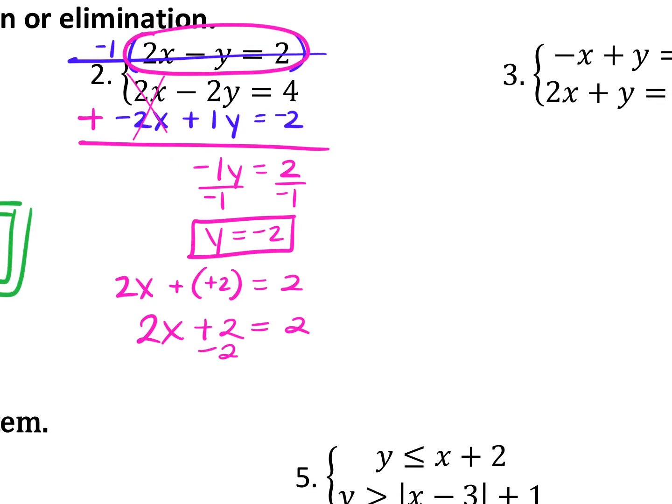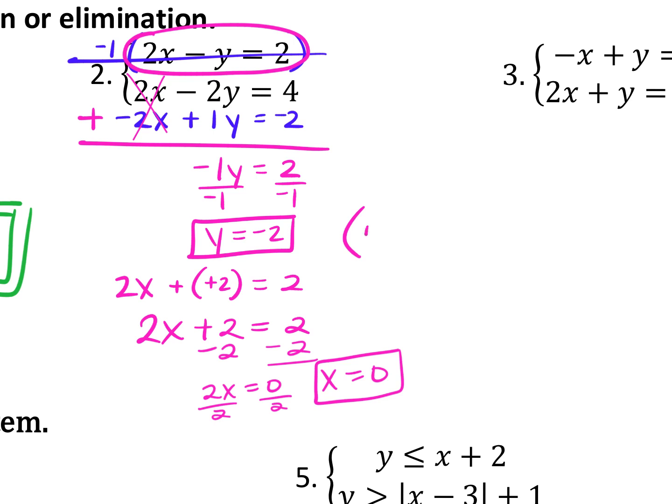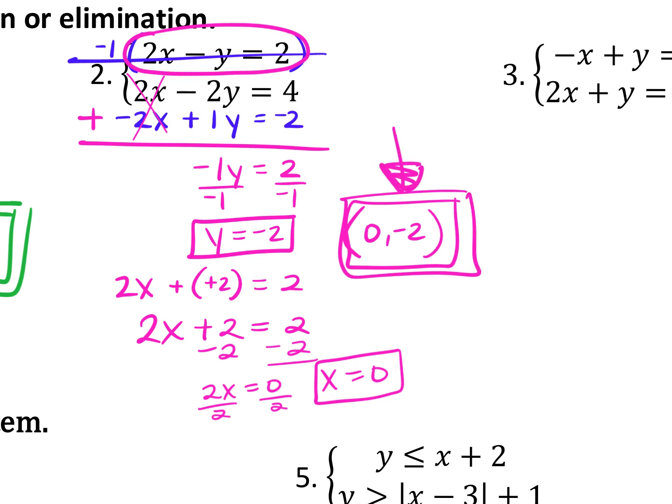And then we subtract the 2. So 2x equals 0, and then we divide by 2. So x equals 0. So your point, your solution, would be 0, -2. And again, I am not picky on this part of it. If you leave it like this, x equals, y equals, I'm fine with that.